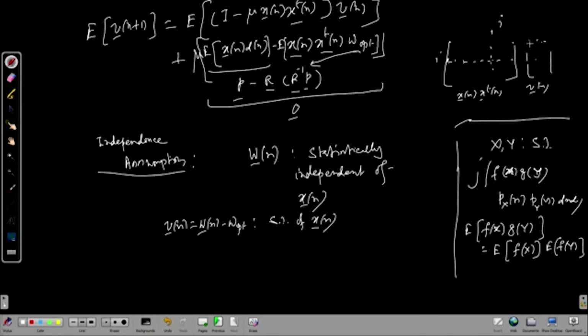Under statistical independence, if all the x terms and all the v terms are statistically independent, then it will be E on the components involving x only, like x(n minus i) x(n minus j), multiplied by E of whatever components I have from v(n), in this case only one term. So, I am putting E here, I am putting E here, and I have to do this everywhere.